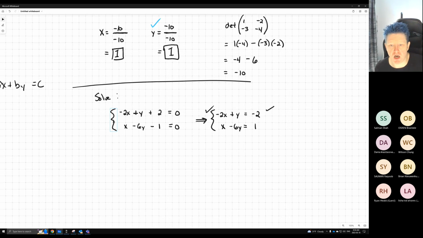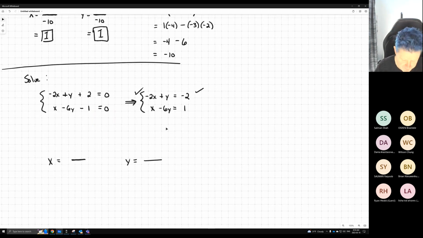All right, so now let's set up and do Cramer's Rule. X is equal to some fraction, and then Y is some fraction. So I want to first determine the denominator portion. That will be del. While I'm here, let's highlight the coefficients on the left side.